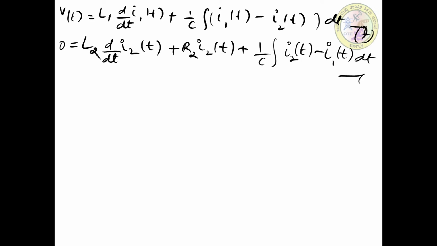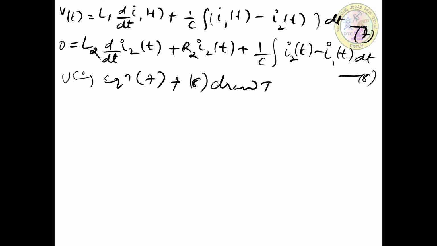So this was equation 8. Okay, so now just observe these two equations and then we will write the torque voltage analogous circuit. So therefore using equation 7 and 8, draw torque voltage analogous circuit.